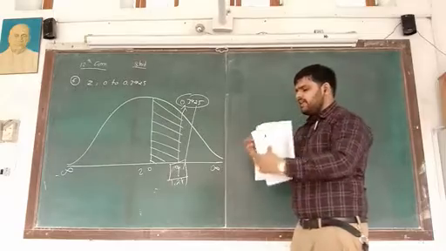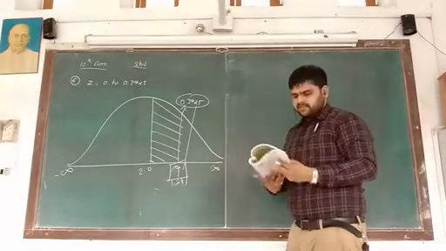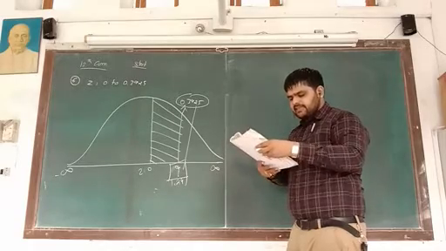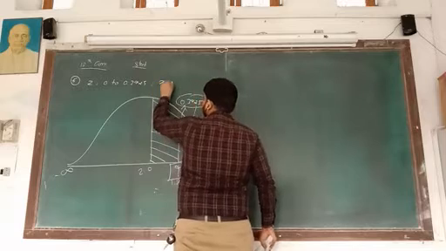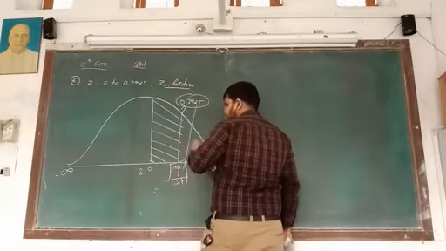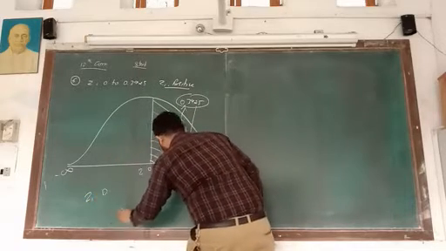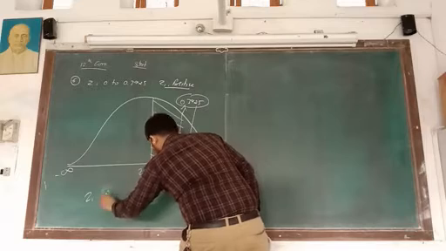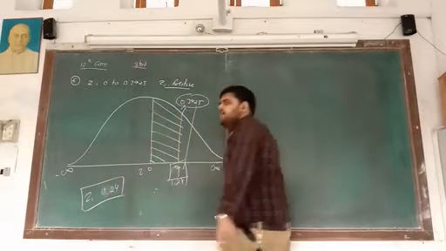Here we can see that either it is minus or plus. Suppose z1 is positive. What is the value of z? So z1 is equal to 1.24. This will be your answer.